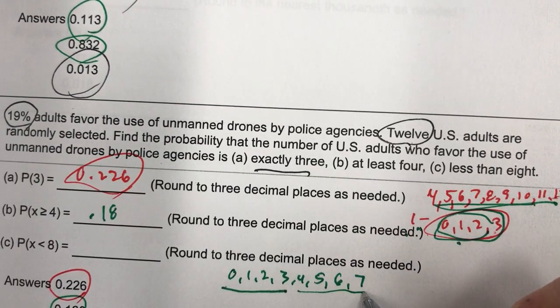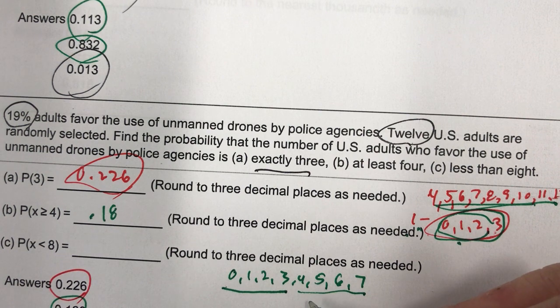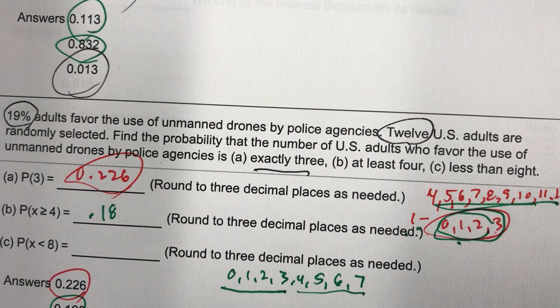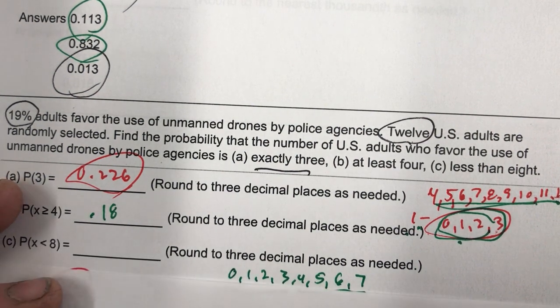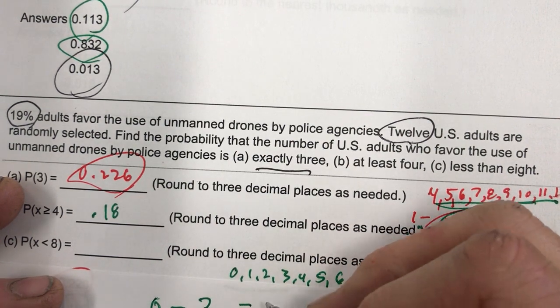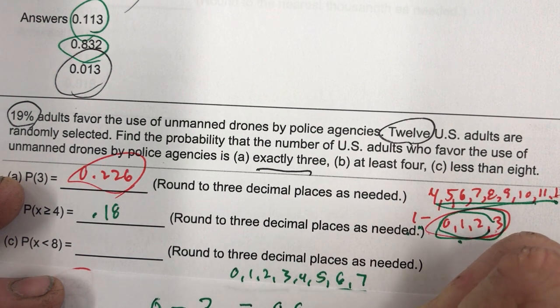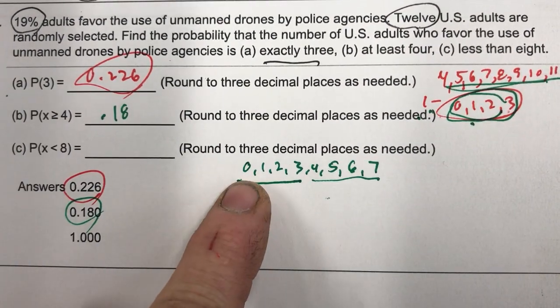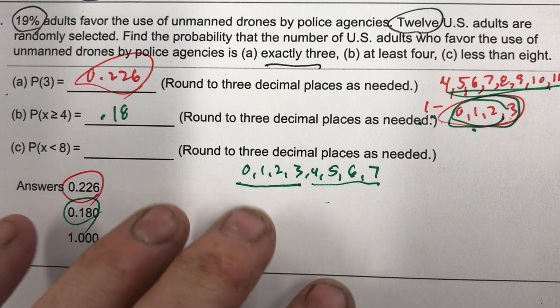And so 4, 5, 6, and 7, I need to add those up. So 0 through 3, that's 0.819954.